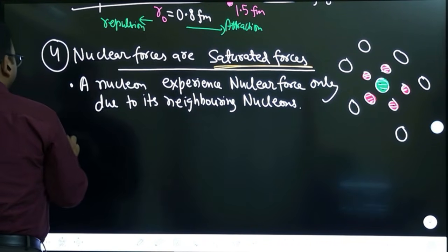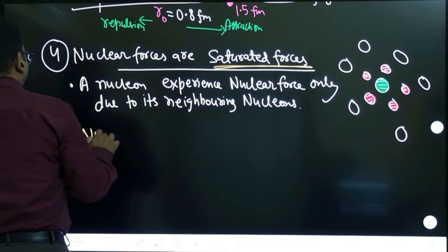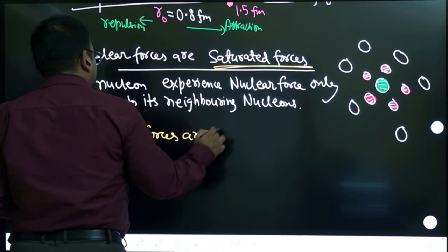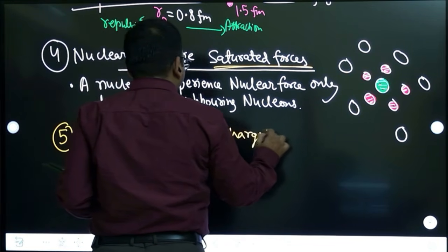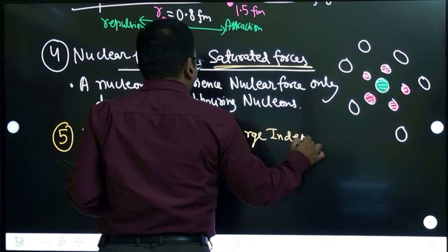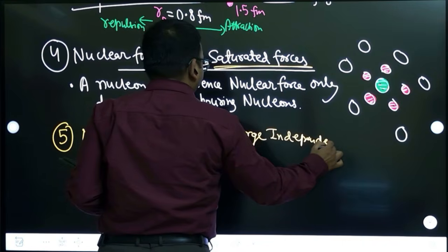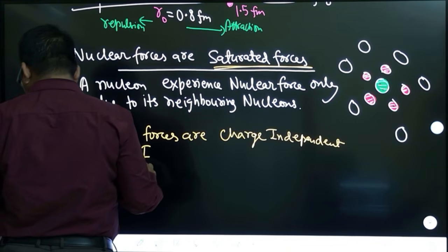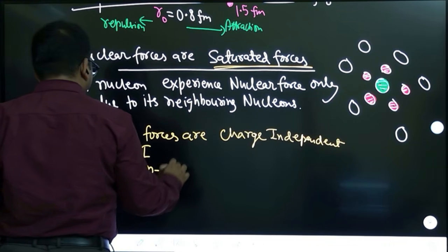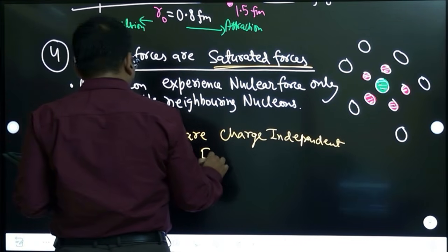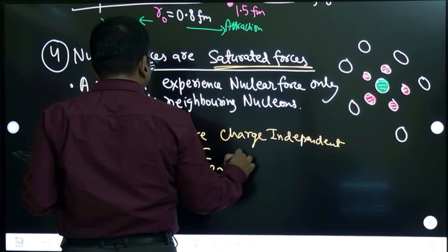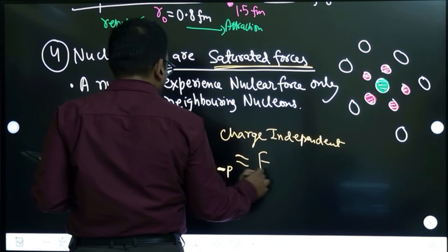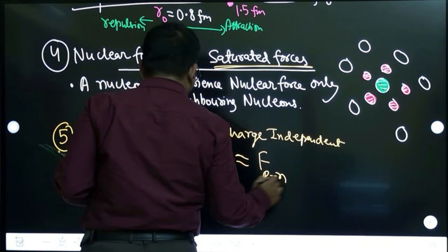Then another point to note is that nuclear forces are charge independent. Point number 5. Nuclear forces are charge independent. That means the nuclear force acting between neutron and neutron is the same as between proton and proton, which is the same as between proton and neutron.